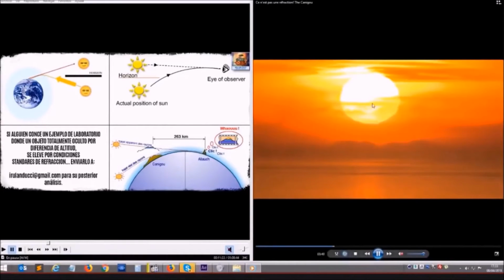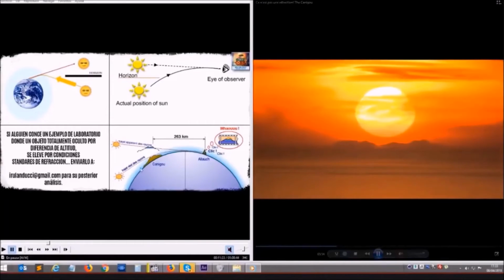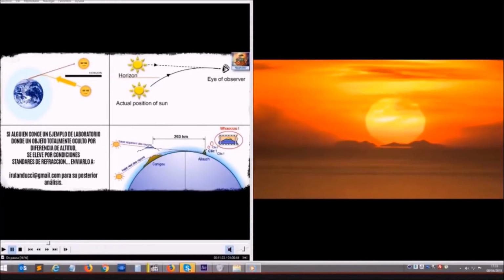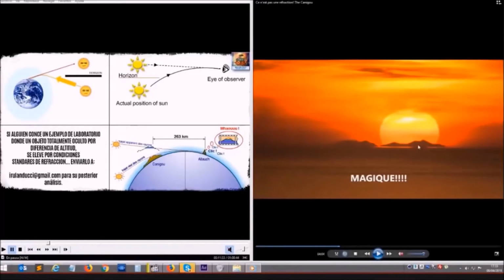Because when you see this, you see the sun come from up to down. So at what moment does this transition happen? When you start to see the mirage, supposedly right now the sun is down, but 2 seconds earlier the sun was up.